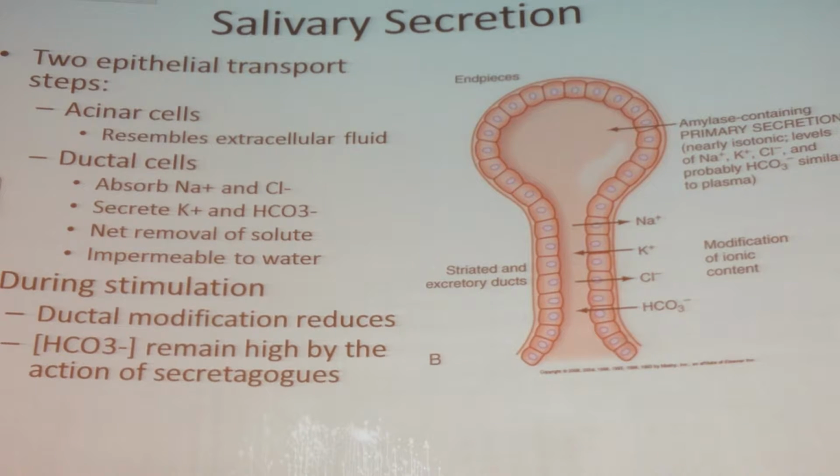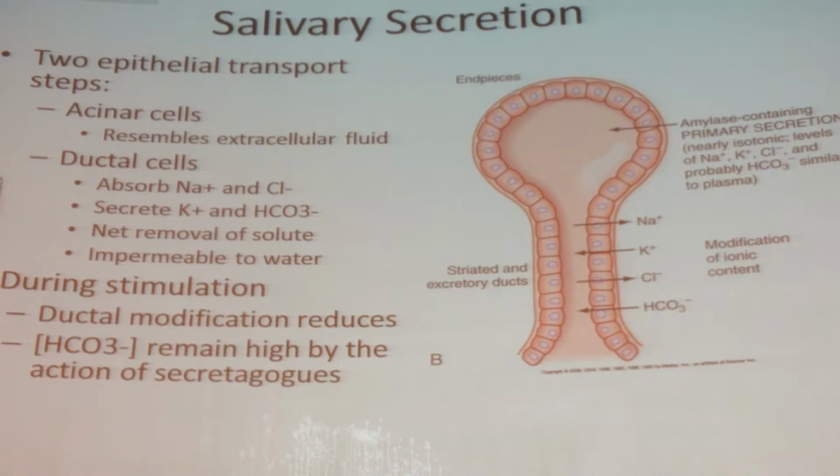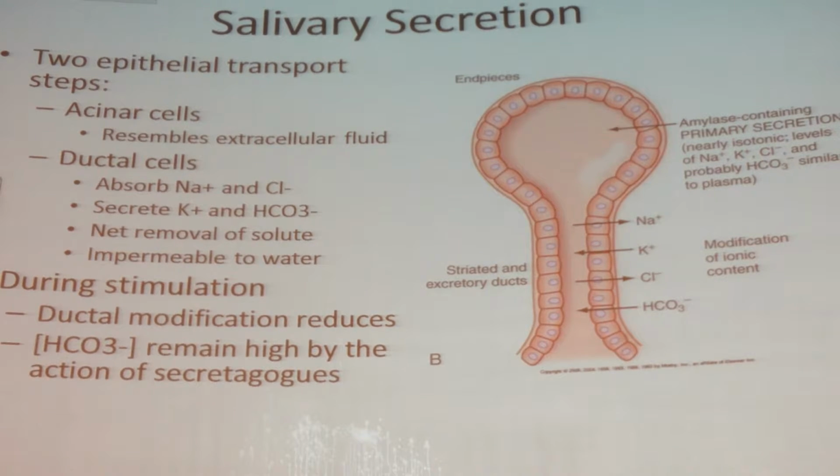Okay, now we're adding to the confusing part, I promise you guys. So now during active chewing, or activation by seeing the food, seeing the cheesecake, there is going to be less ductal modification, because you have a lot of fluid coming in from the acinar cells, and when it goes through, there isn't enough time to modify it.